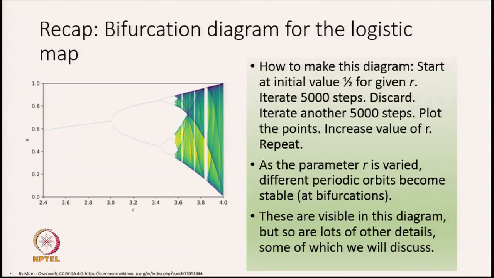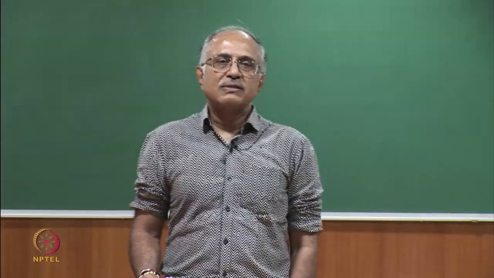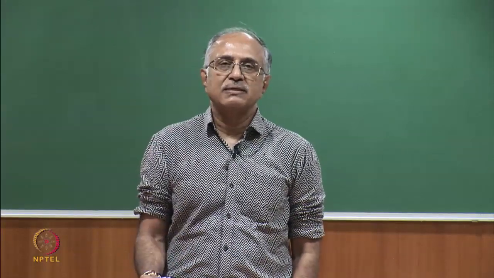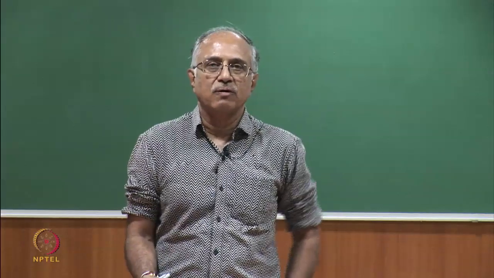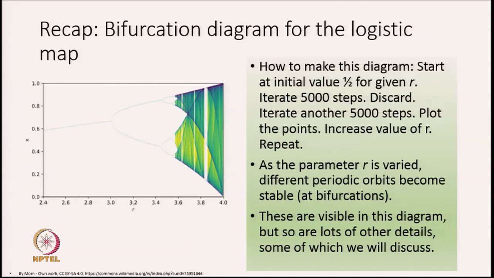How does one make a diagram like this? We have seen Singer's theorem, which says that if there is a stable periodic orbit, the point half is going to be attracted to this particular periodic orbit. It is very important when doing these kinds of studies to look at the asymptotic behavior, and so it is necessary to discard transients.